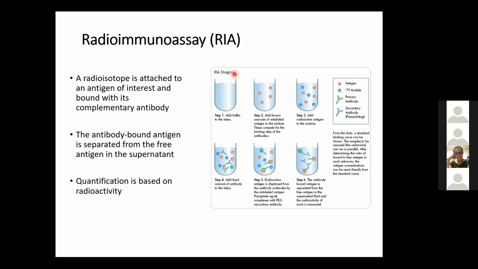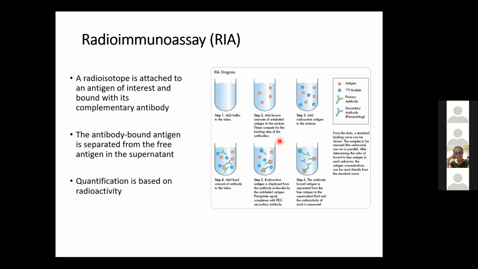Okay. So you said that you add in the antigen that is already labeled with the radioisotope, is it? So you're adding a radioactive antigen to the mixture. So you add a labeled amount of unlabeled antigen into the mixture, which then compete and bind to the antibody.